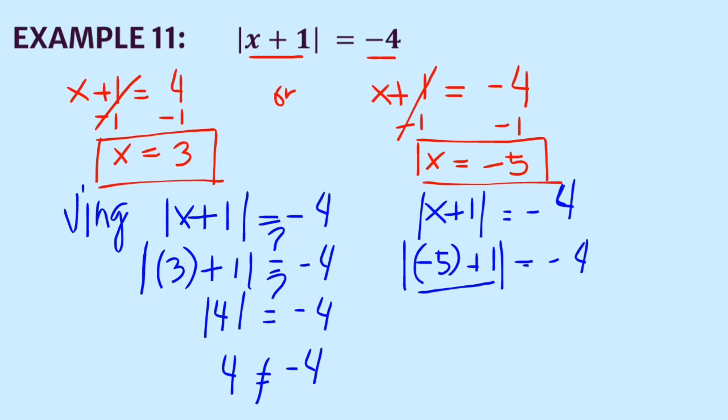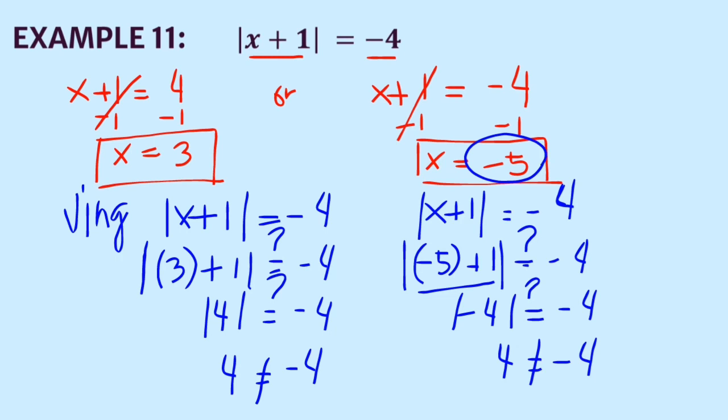It is negative 4. Do not forget to write the question mark. Now, what is the absolute value of negative 4? It is 4. Now, equal or not? It is not equal. It means that negative 5 is also not our solution.